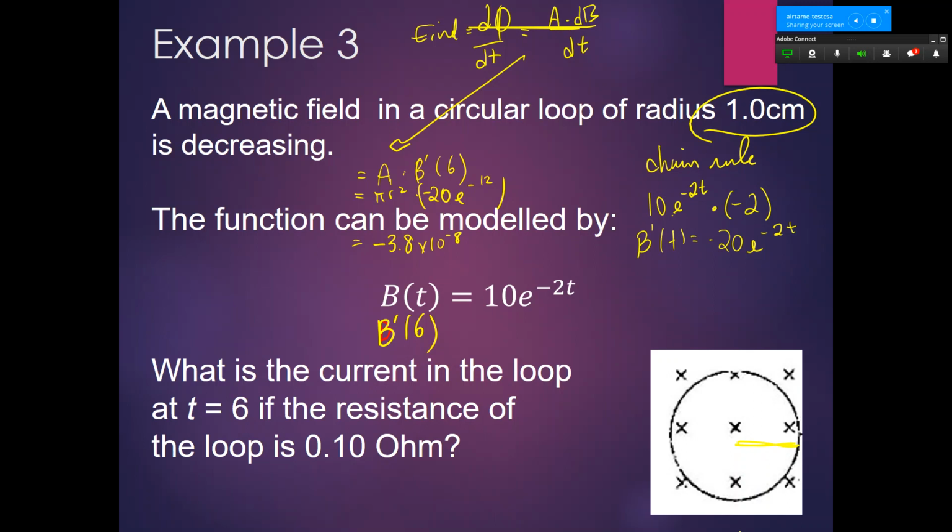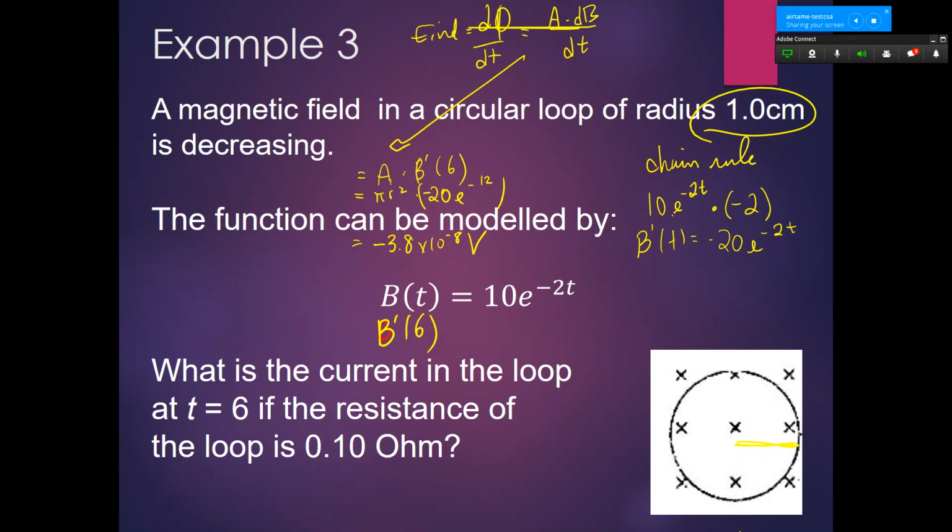Okay, let me ask you guys a question. So I figured out that my voltage induced, or my E induced, is negative 3.8 times 10 to the negative 8. What are my units for that? It's not Webers. It's my E induced. It's volts. And the question's not asking me what's my E induced, in fact. The question's asking me what's my current.